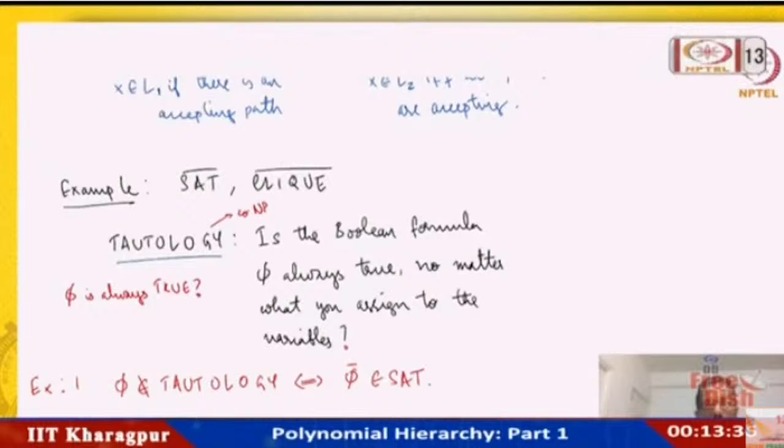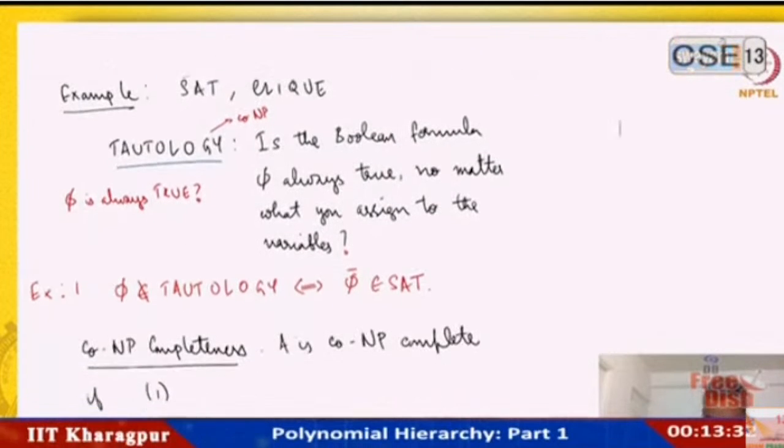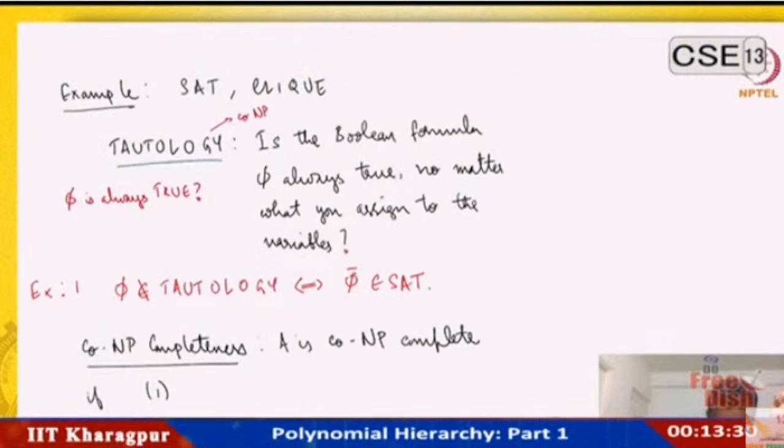Now if you take the complement of phi, this is what I've outlined here as an exercise. Phi not being in tautology means there is some assignment which will make phi evaluate to false, because otherwise it would be in tautology.